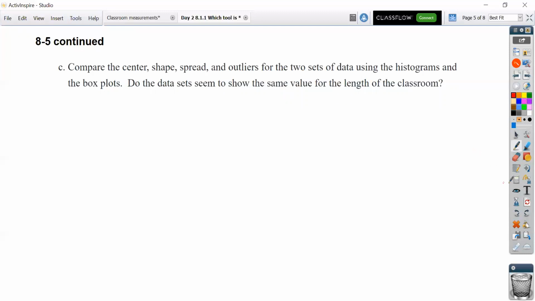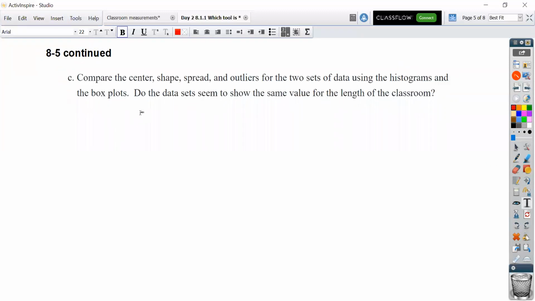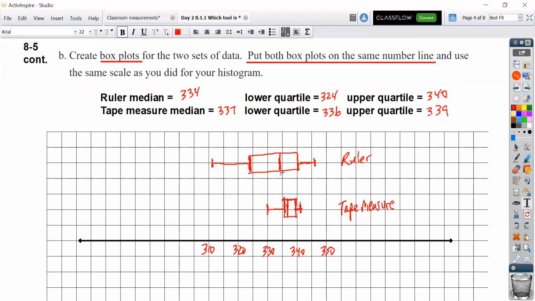All right, so let's see if we can answer this. Looking at those graphs, and I'm going to kind of type it in here. The center of the ruler data is around, let's see, what was it around? The center was around 334.